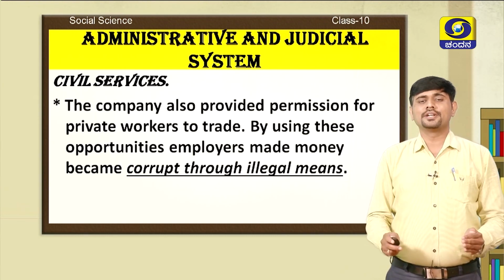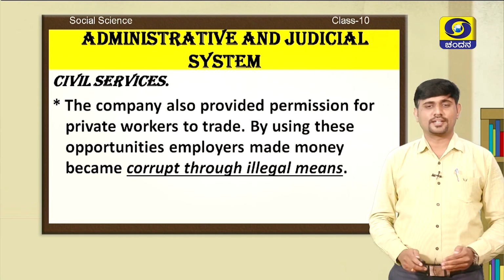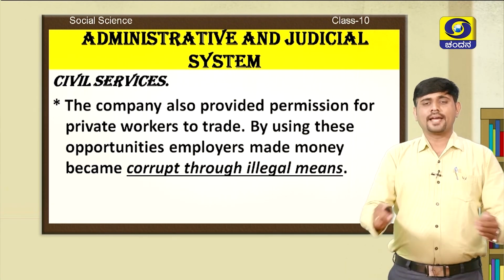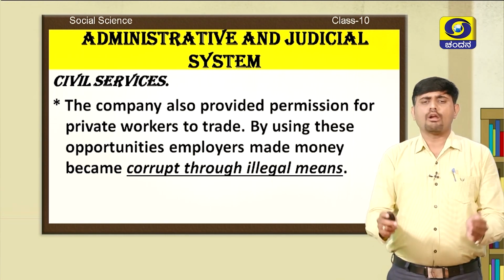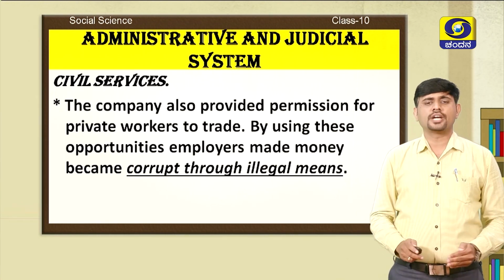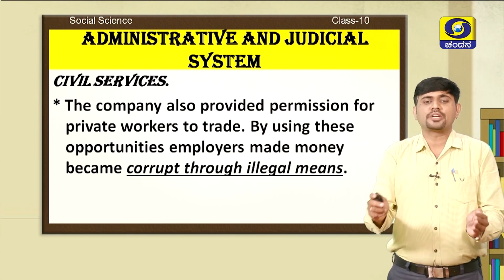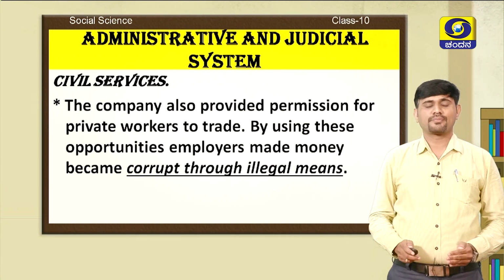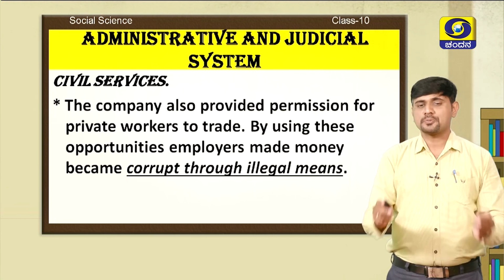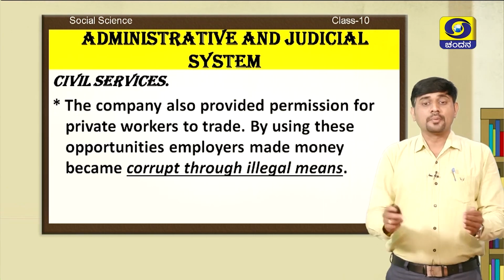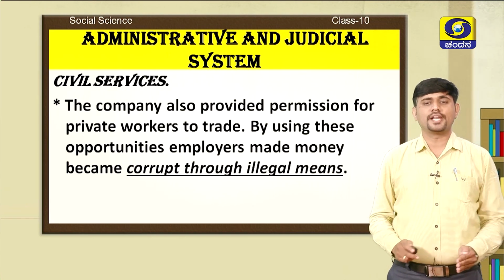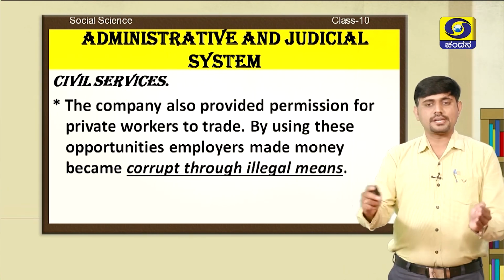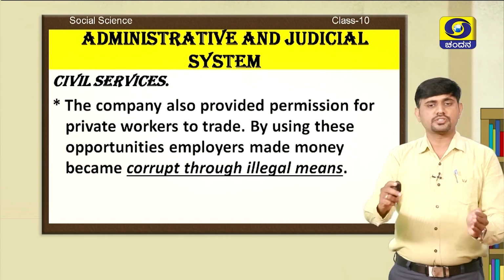The reason to introduce the civil services in India, children. By then, there was a lot of corruption in the British East India Company, especially among the officers. They were engaged in corrupt activities. To remove that corruption and bring an efficient administration system to India, Lord Cornwallis decided and brought the new system to India.